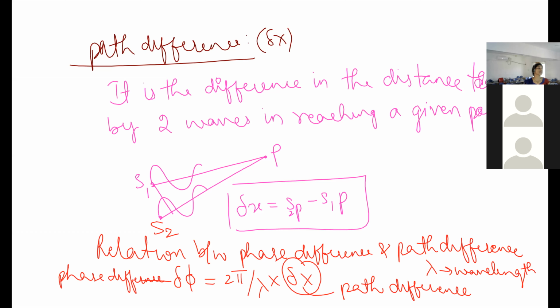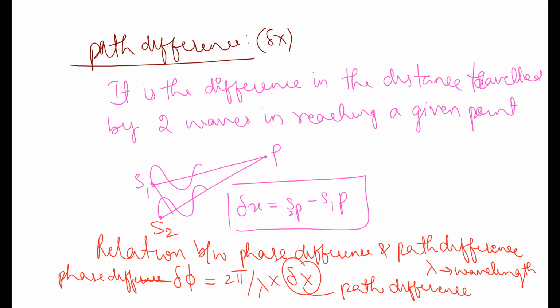Based on these concepts, the relation between phase difference and path difference is given by the formula delta phi is equal to 2 pi divided by lambda into delta x, where delta phi is the phase difference, 2 pi is the constant, lambda is the wavelength, and delta x is the path difference.